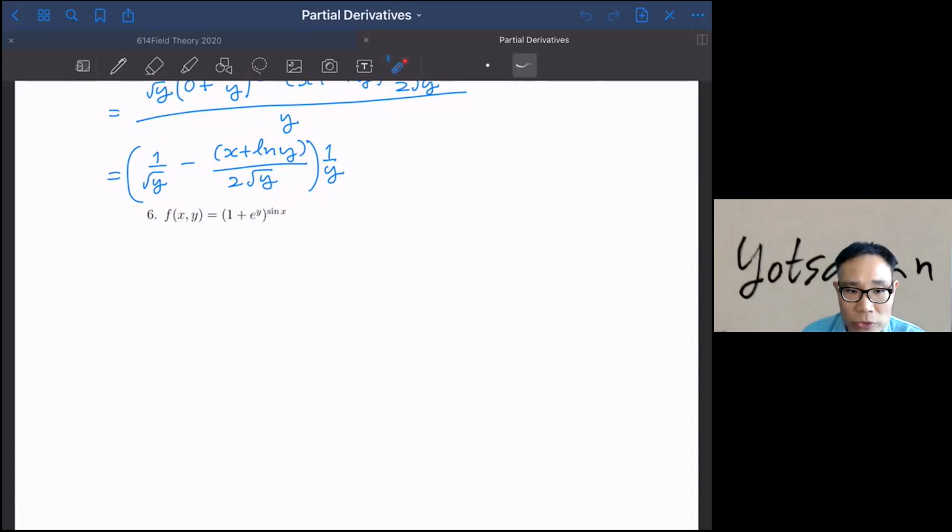In example 6, you have f(x,y) equal to (1 plus e to the y) to the sine x. So when you want to find fx, this turns out to be d/dx of (1 plus e to the y) to the sine x.